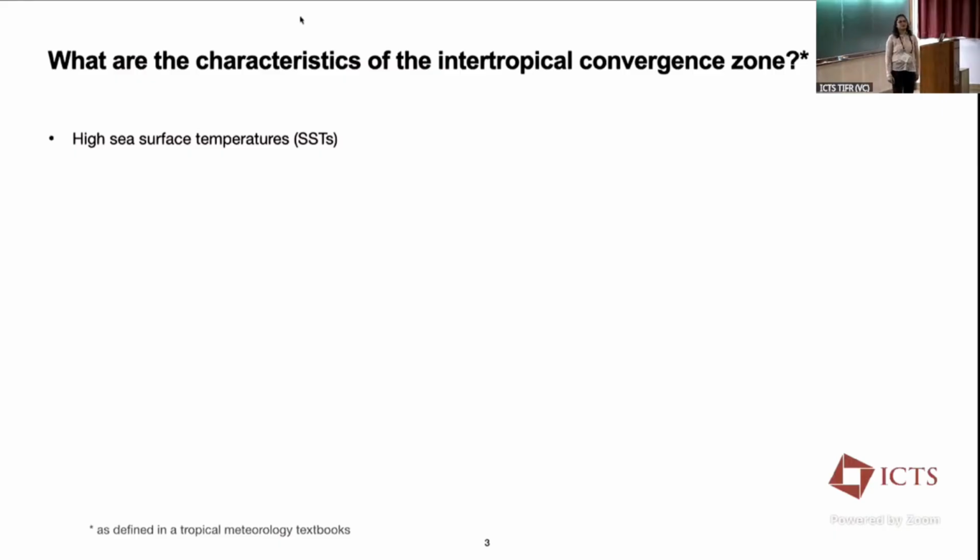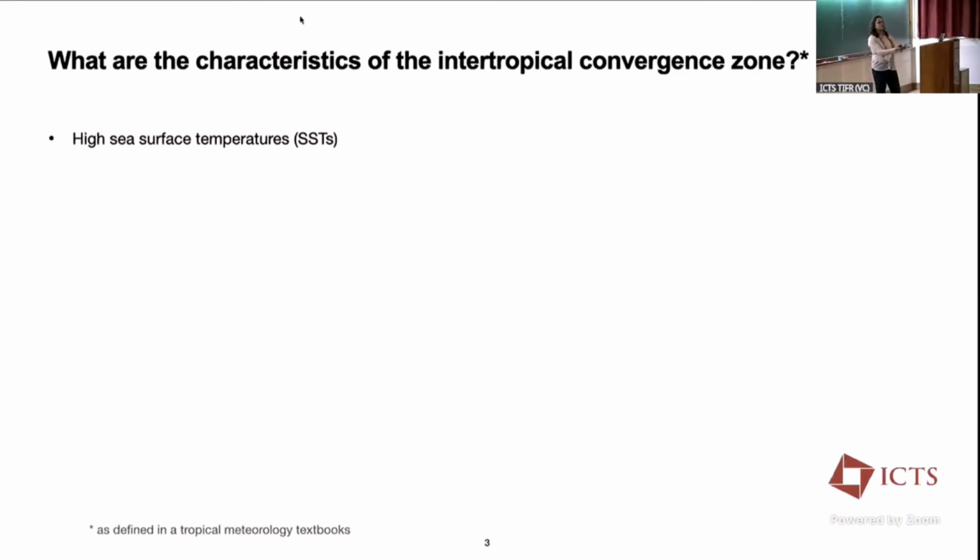Yeah, strong vertical motion, yes. Strong convergence, yes. Yeah, high moisture. But can we think of the dynamical variables as well? Like Vishal said, low-level convergence. And the low-level convergence comes from the trade winds meeting, right?